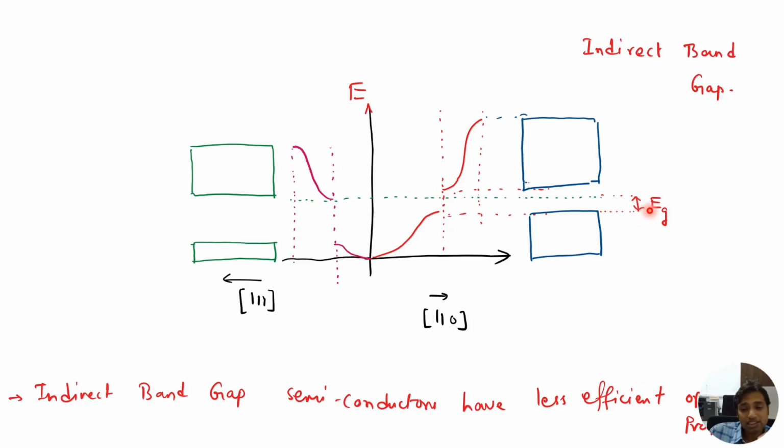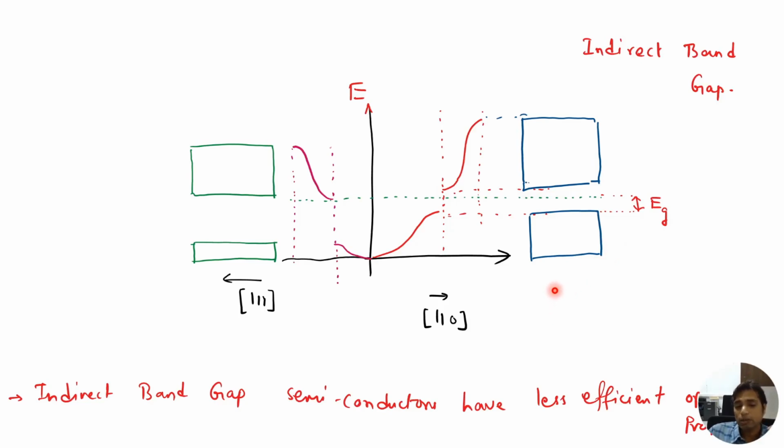This type of band structure is called an indirect band gap semiconductor. If this were the shortest gap, it would have been a direct band gap. But since there is something else coming in between in the other direction, it is called an indirect band gap.